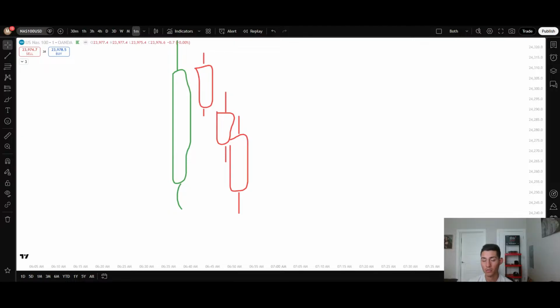You're either trading at the wrong time, for example when banks are closed. If you trade London session, you should not be trading NASDAQ, just because the volume will not be there for you. You can catch the moves, but the volume will not be there for you.